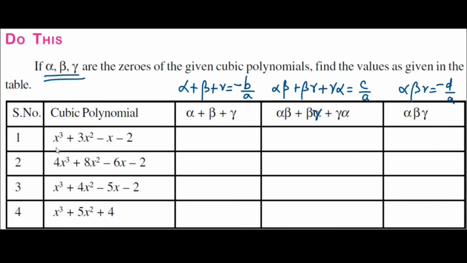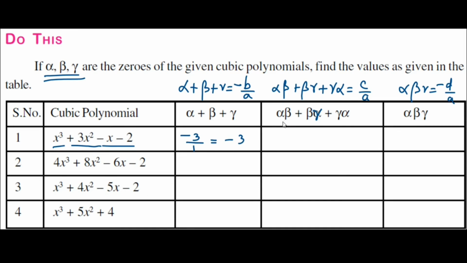So in the first polynomial, x cube plus 3x square minus x minus 2, alpha plus beta plus gamma is equal to minus b by a. So minus of 3 by a, which is 1. So minus 3 by 1. This is minus 3.